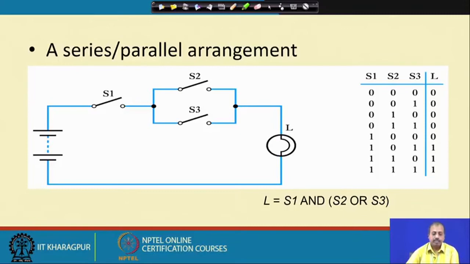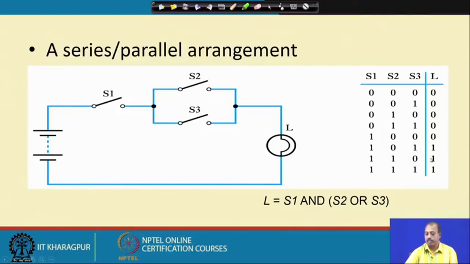Now a slightly more complicated one. Let us say we have the switch S1 connected in series with a parallel combination of S2 and S3. For this lamp to glow, S1 must be closed and at least one of S2 and S3 should be closed. So this is basically S2 or S3, and S1. That is the logic for L. If you look into the truth table, for L to be on, S1 must be equal to 1 and at least one of S2 and S3 should be equal to 1.